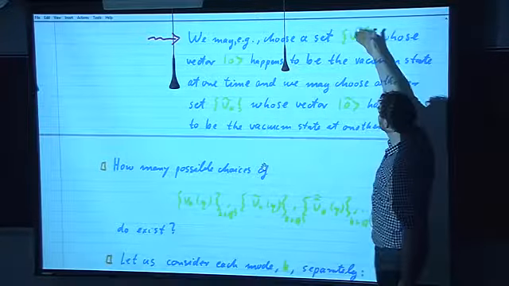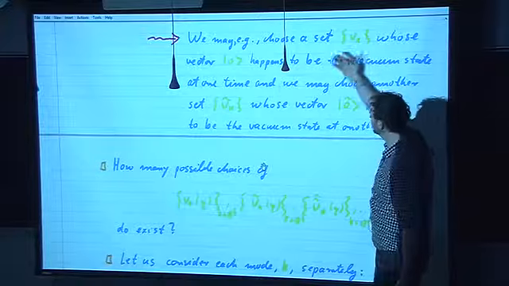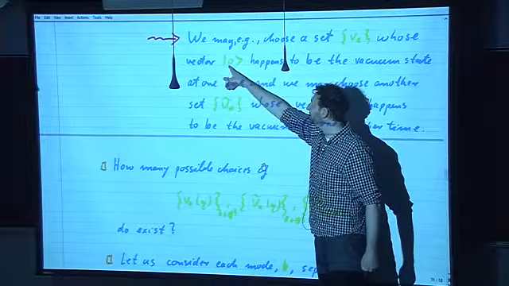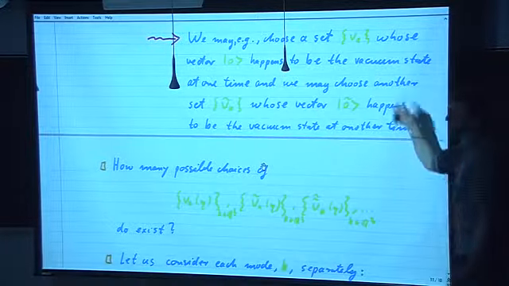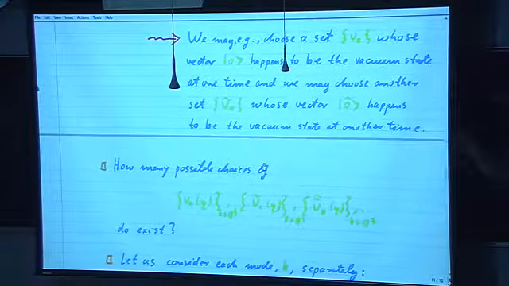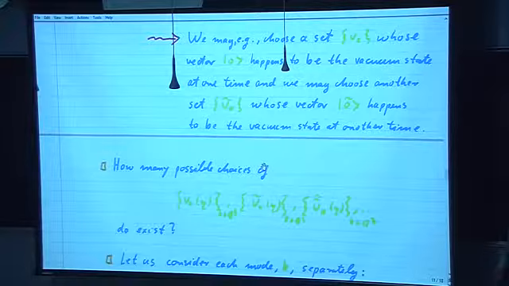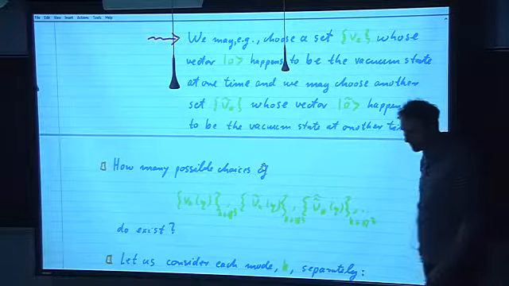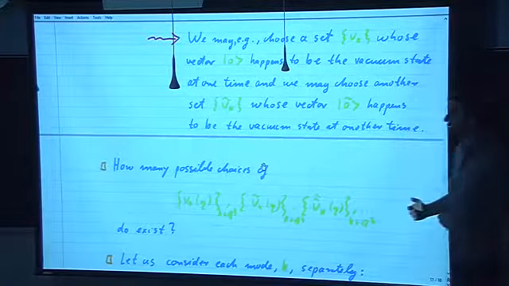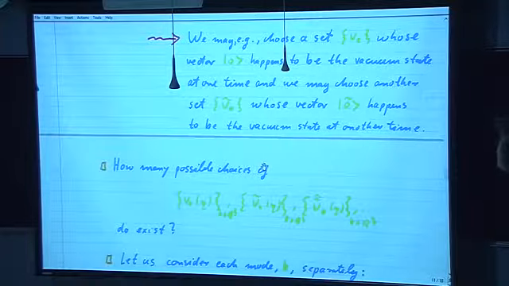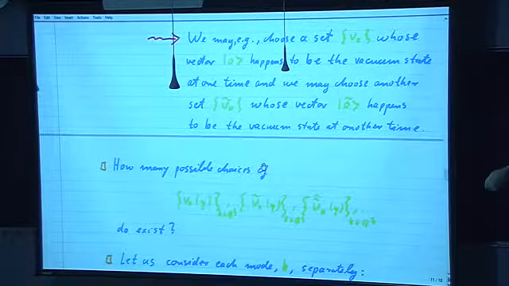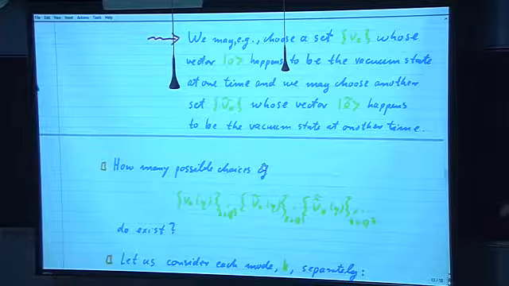We can choose such mode functions such that at a particular time this vector happens to be what we identified to be the vacuum state by some other argument. That would be a reasonable choice to make. We could say, let's say at time t equal 5 minutes, we find out that in the Hilbert space, this particular vector is the vacuum vector, the no particles vector.